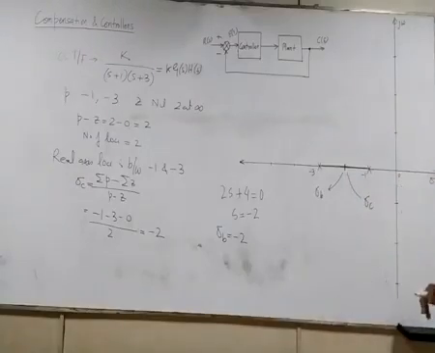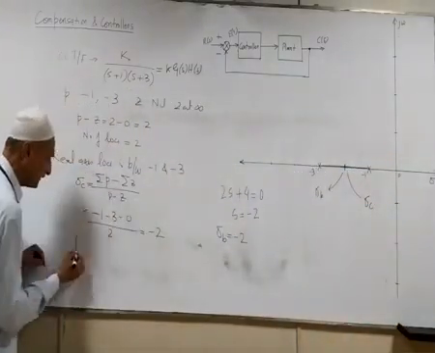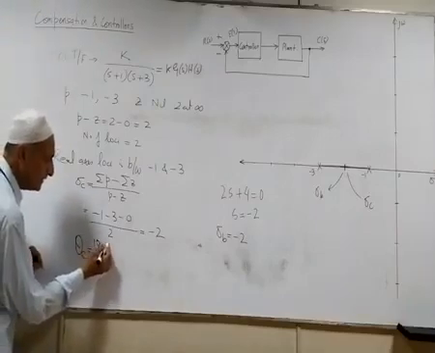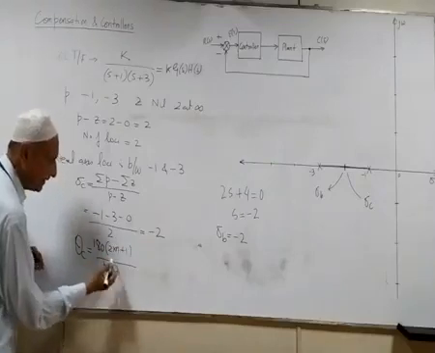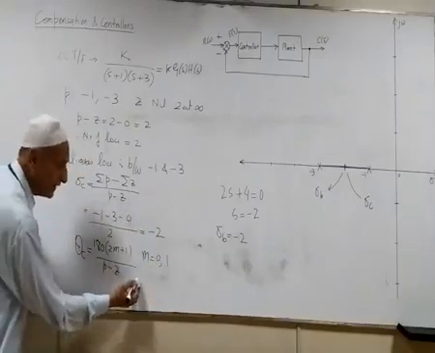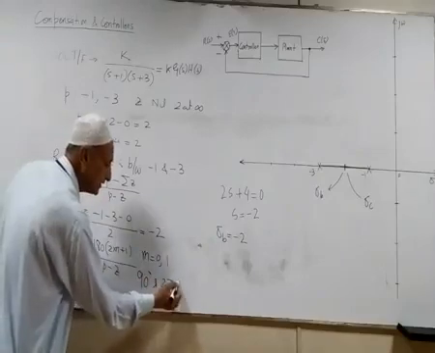For the angles of asymptotes, we have the formula 180 times (2m plus 1) divided by p minus z. For m equal to 0 and 1, we find the angles are 90 degrees and 270 degrees.